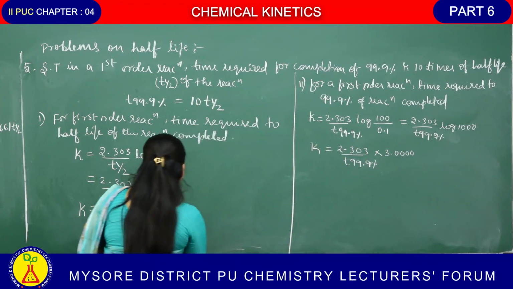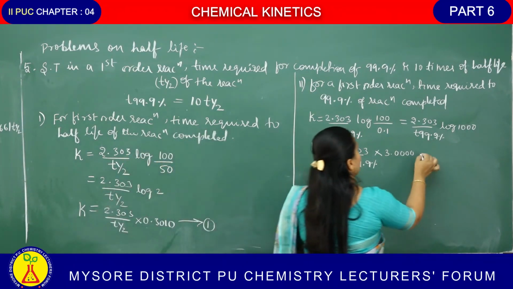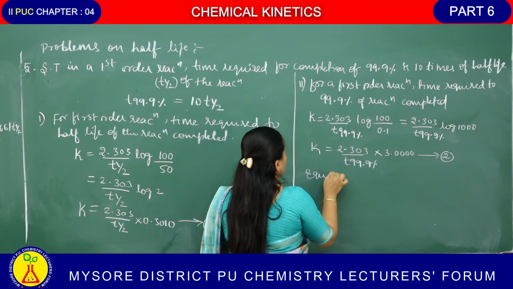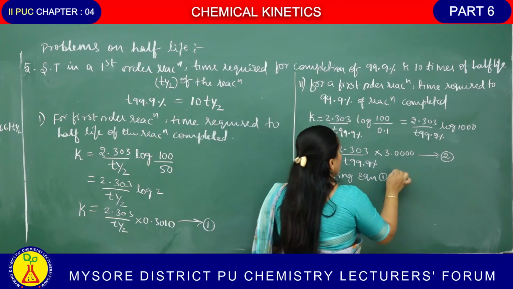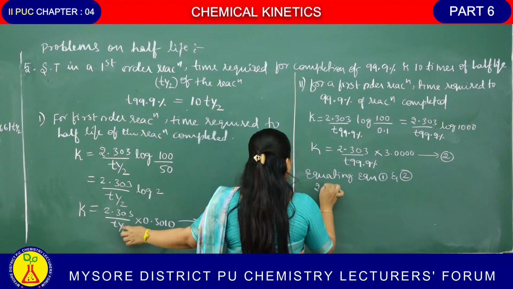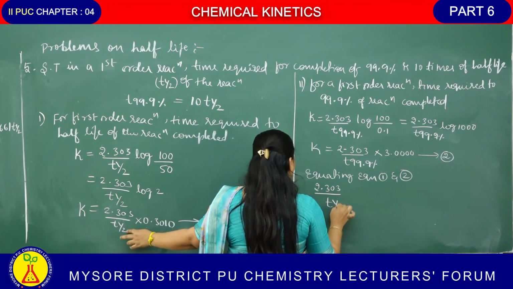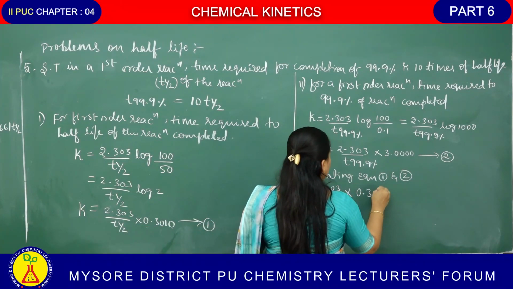This equation is named as 1 for our convenience. This equation is named as 2. Equating equation 1 and 2. Equation 1 is 2.303 divided by t half multiplied with 0.3010.